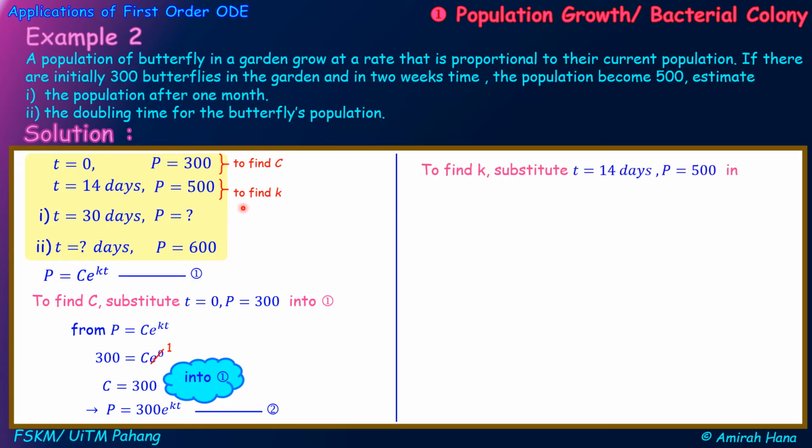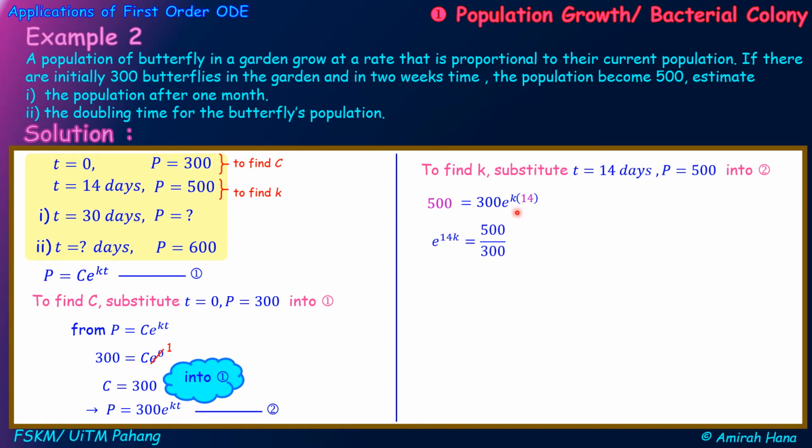Then, to find K, substitute T equals 14 days and population equals 500 into equation 2. So from equation 2 here, we replace T equals 14 days, and we replace P equals 500.